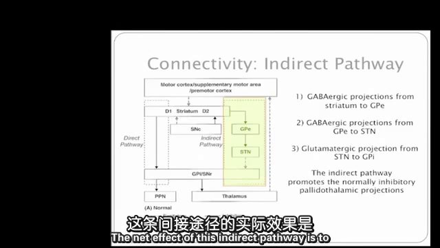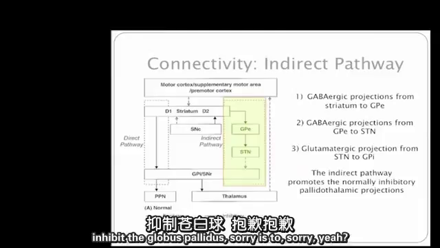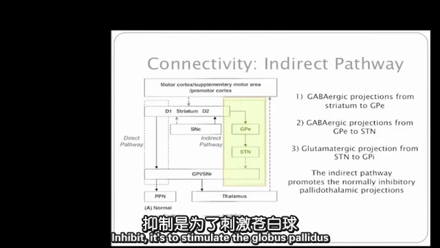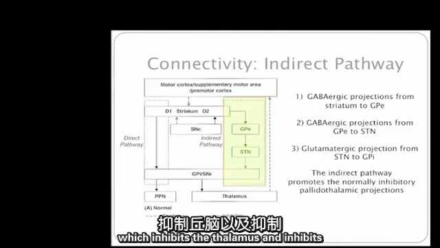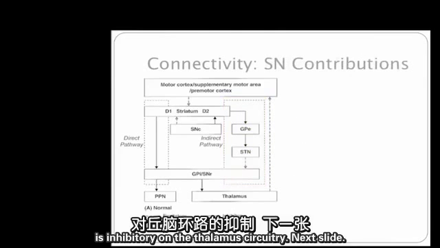The net effect of this indirect pathway is to stimulate the globus pallidus, which inhibits the thalamus and inhibits the thalamocortical projections. So the net effect is inhibitory on the thalamocortical circuitry.